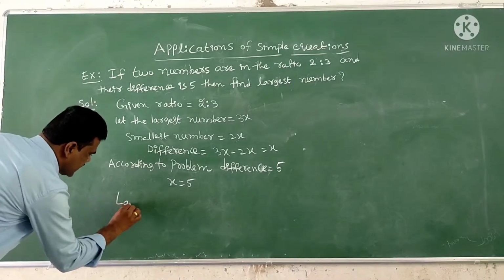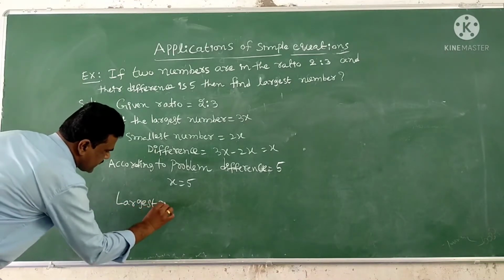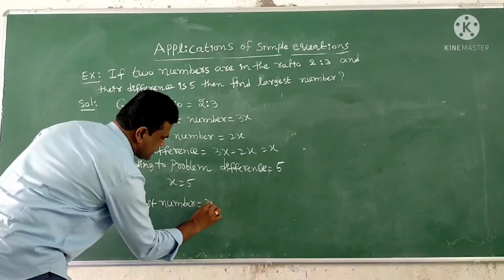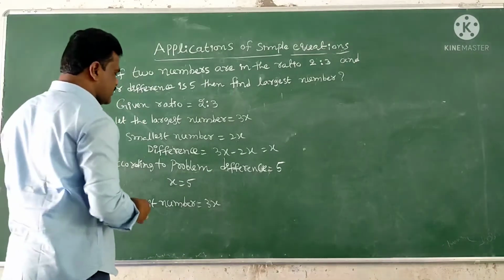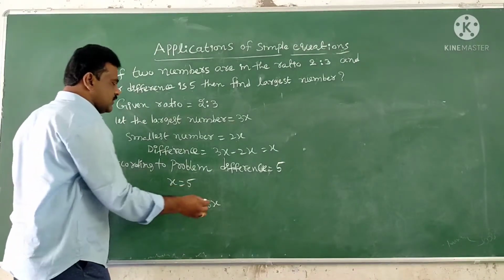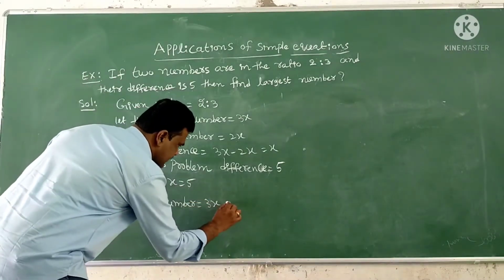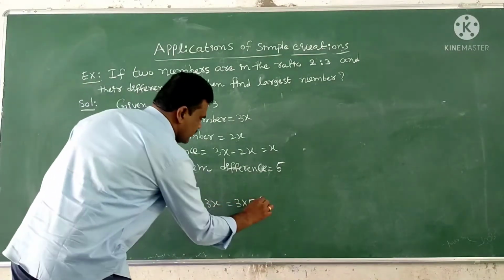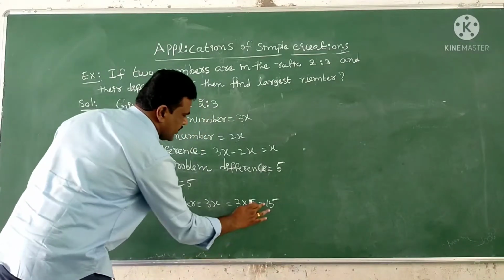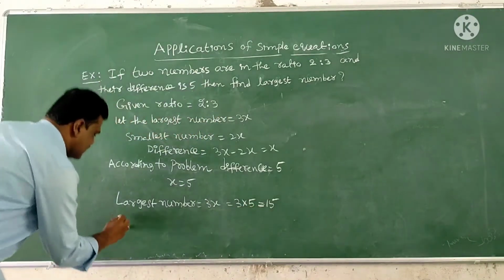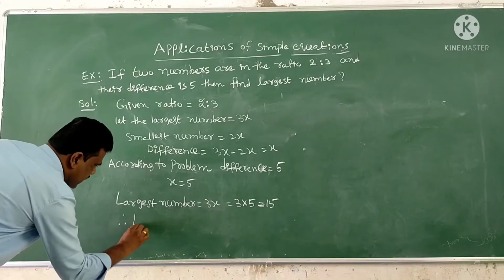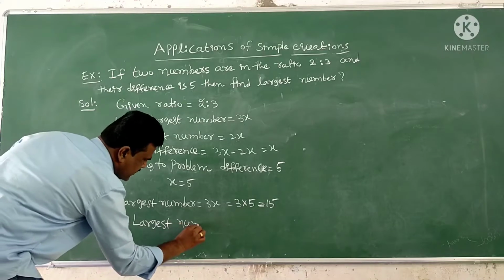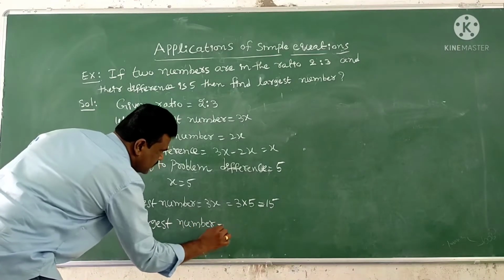So, largest number is equal to 3x. Substitute x as 5. So, 3 into 5 is equal to 15. Therefore, largest number is equal to 15.